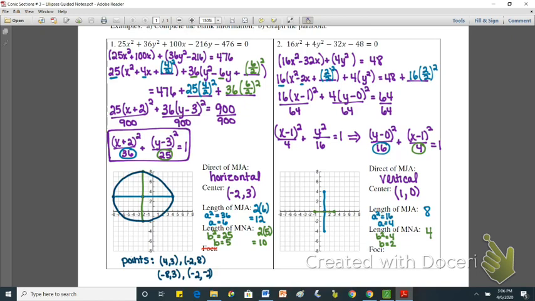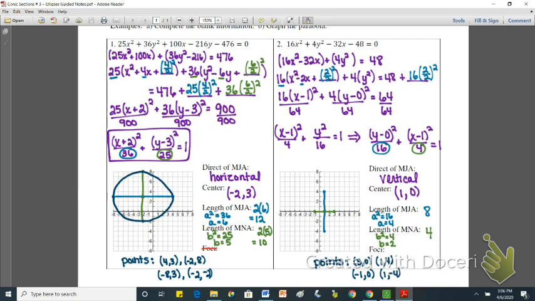So I have my points for my ellipse: 3, 0, sorry, nope, going the wrong way, 1, 4, -1, 0, and 1, -4.